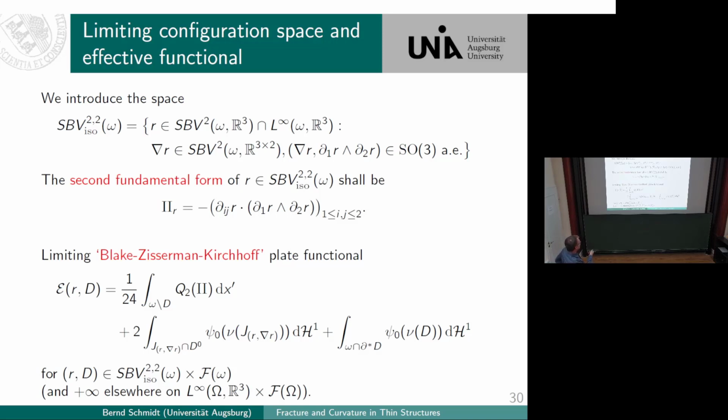But apart from this, you get exactly the energy that you would expect. You get again the psi naught, and the psi naught is exactly the small film direction minimized out psi that we had in the previous slide.